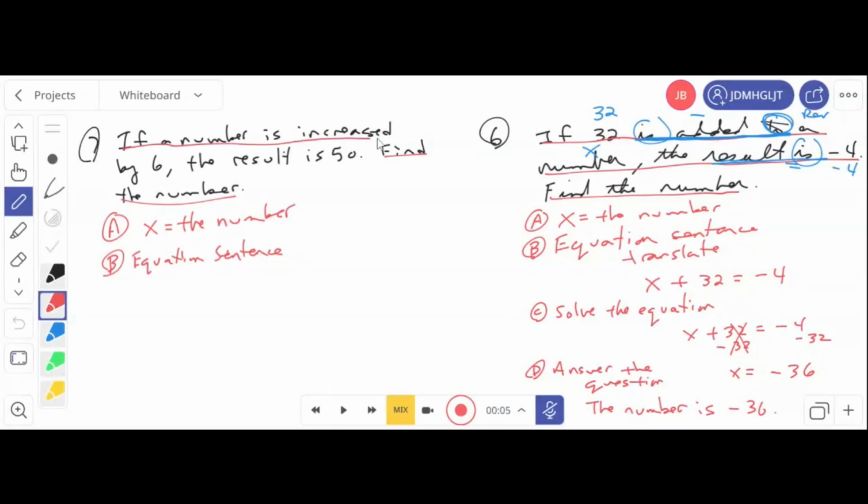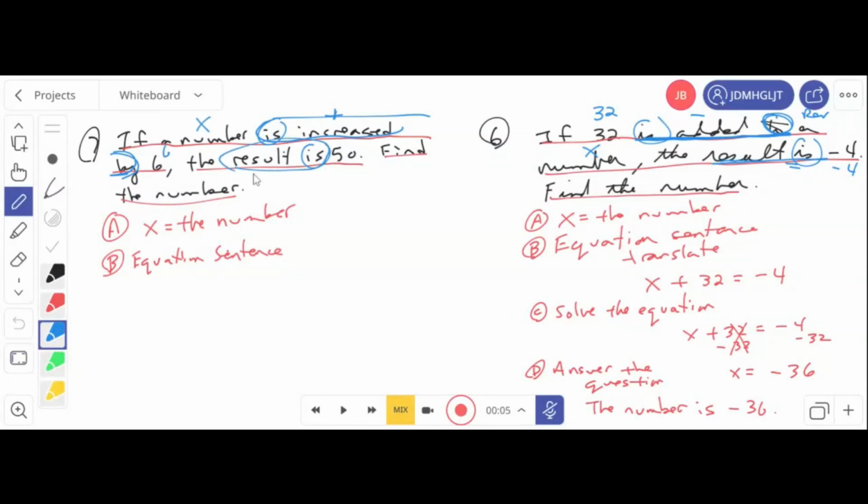So if a number is increased by 6, the result is 50. Again, we have the word is in there twice, but the first is part of is increased by. Is increased by means we are adding, and we have a number. We have 6.